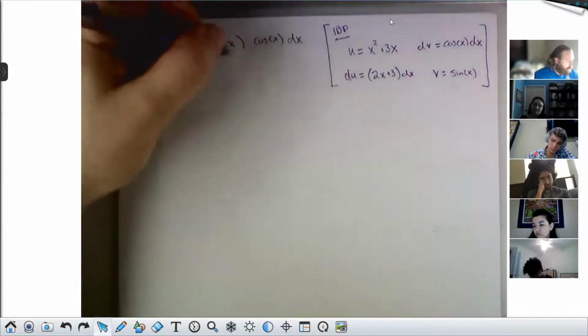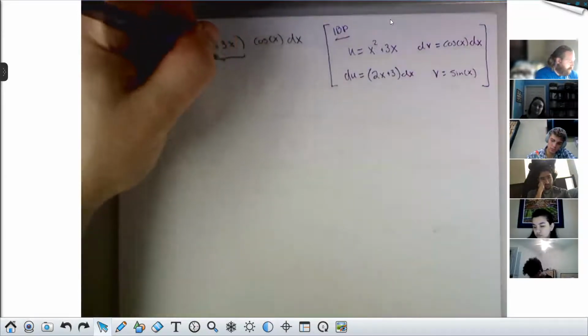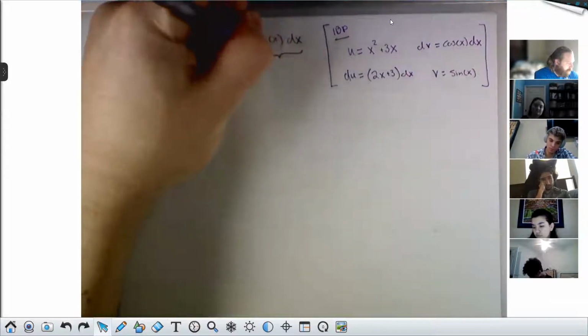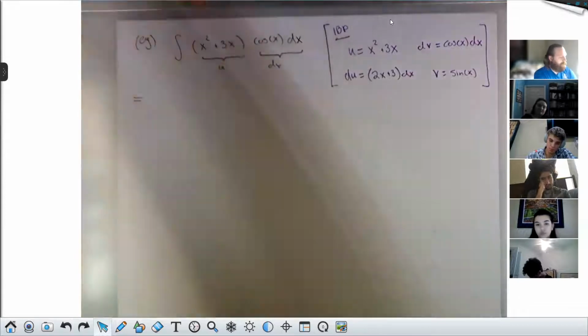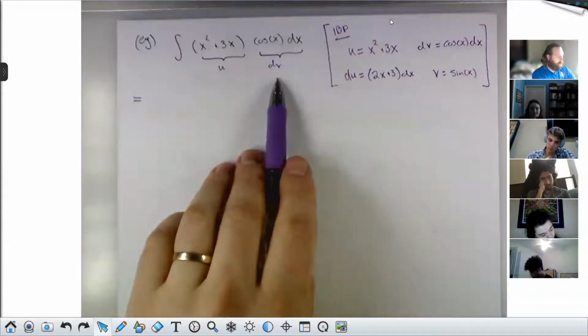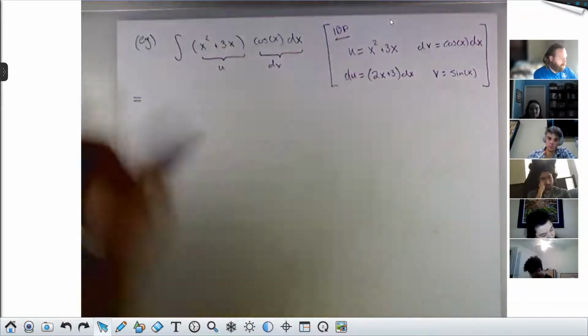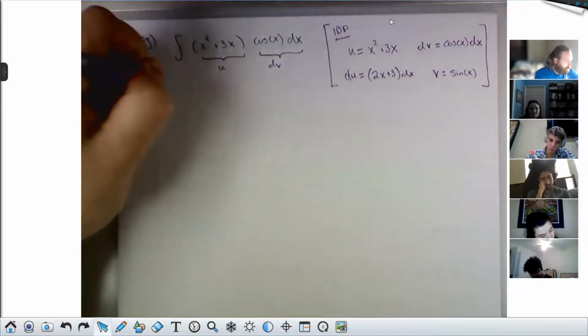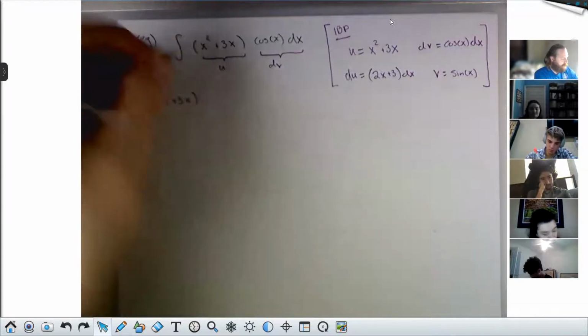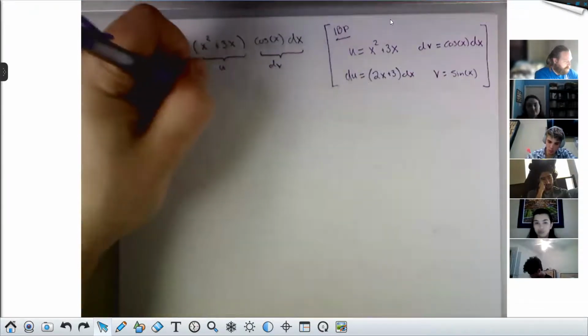What I will do is I'll label this here as u and dv. So the integral of u times dv is equal to u times v. So I'll put that down here. u is x squared plus 3x times v is sine of x.